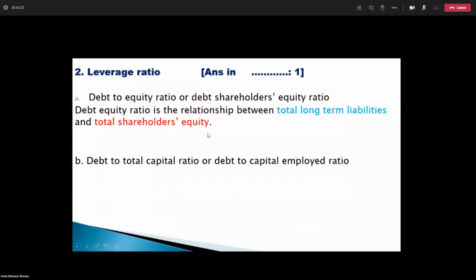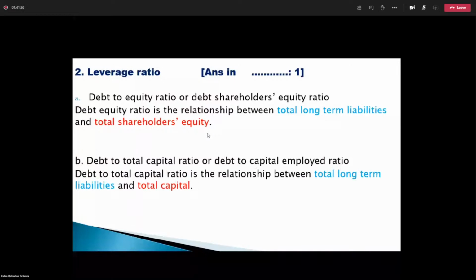And another, there are two ratios under leverage ratio: debt to equity ratio and debt to total capital ratio, or debt to capital employed ratio. Debt to total capital ratio measures the composition of long-term liabilities out of total capital.